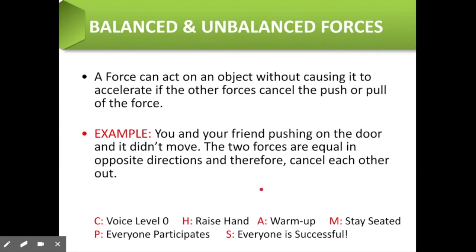So you're pushing on the door and your friend is pushing, trying to get in. But the door's not moving. That means that the two forces are equal, but they're in opposite directions. So therefore, they're canceling each other out. There's no motion to the door. So those would be called balanced forces.